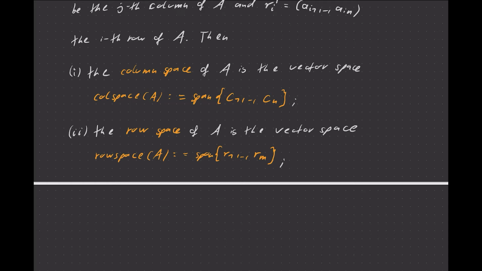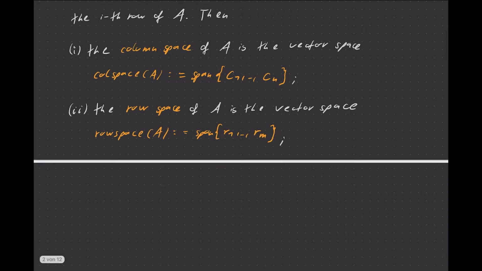And finally, one more space that is often used in connection with matrices, that is the so-called kernel, or sometimes called null space.